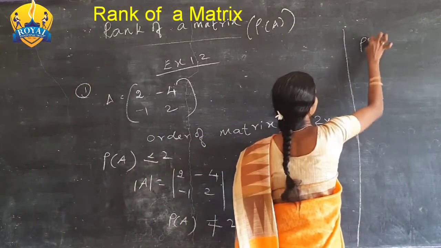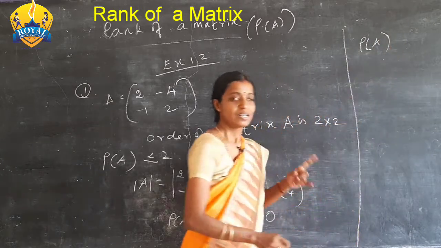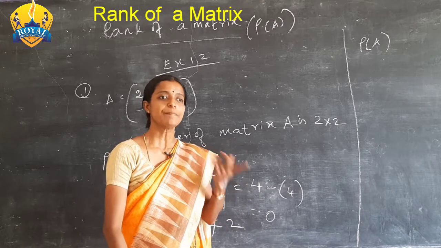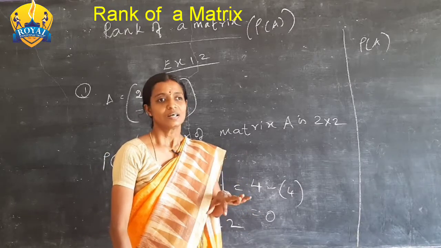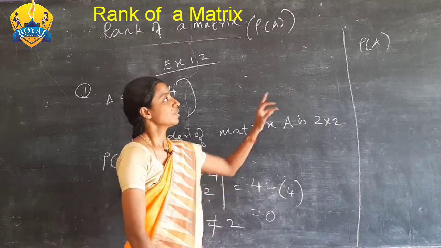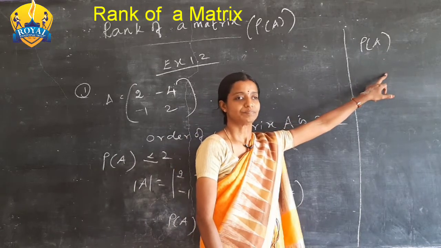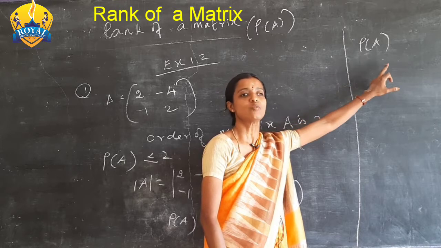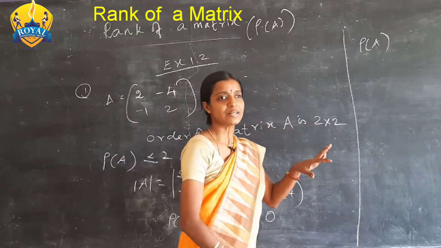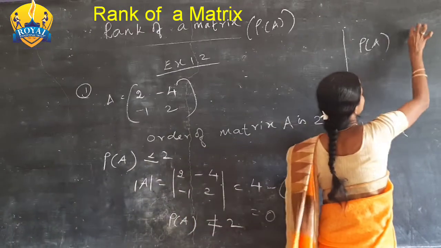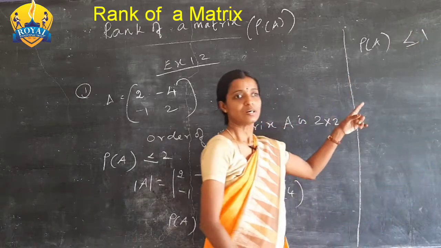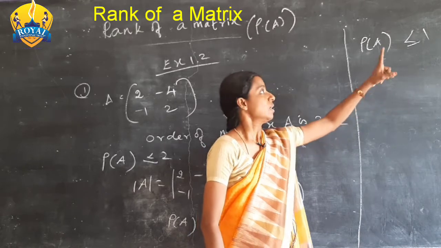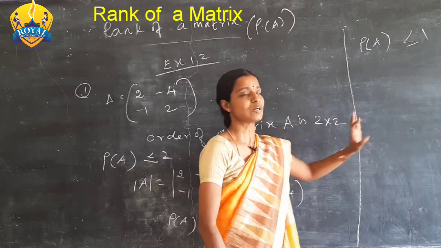Now my rank of a matrix becomes less than or equal to 1. So now I have only one choice, either the rank is equal to 1 or less than 1.